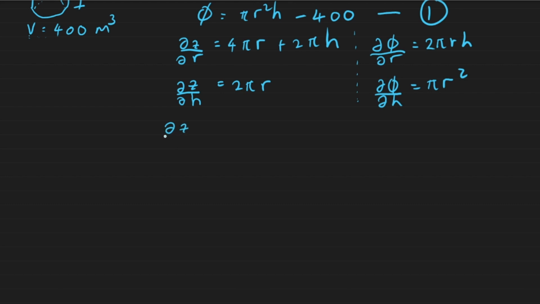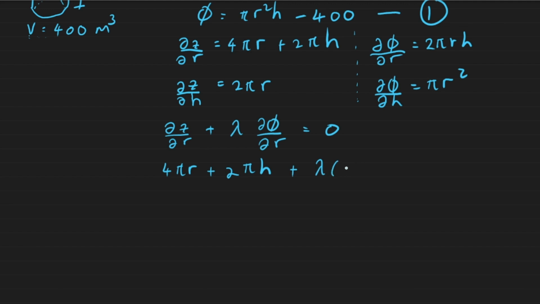dz/dr plus lambda, the Lagrange multiplier, times dphi/dr, which is equal to 0. So dz/dr is given by 4 pi r plus 2 pi h, plus lambda times dphi/dr. dphi/dr is 2 pi rh.